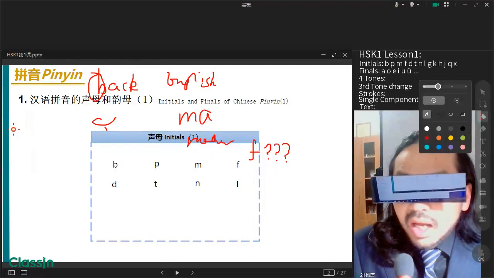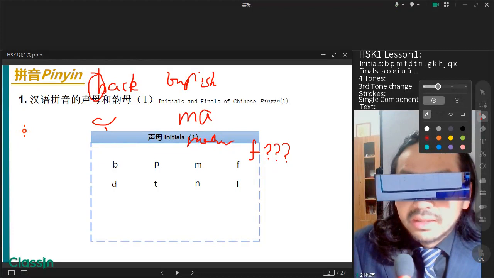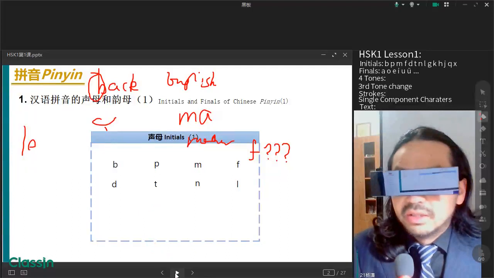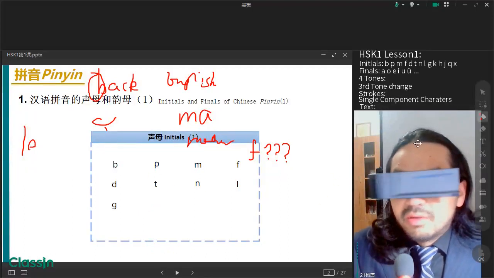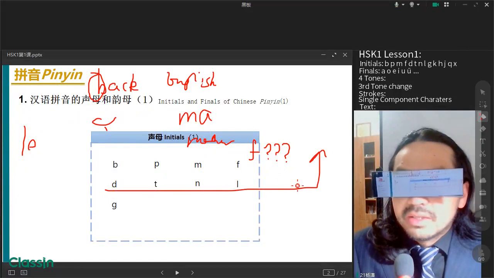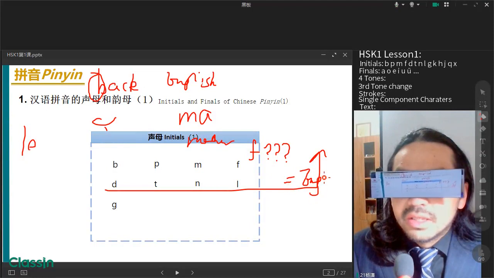Le. Like length. L. It's just like the English L. These are all quite easy, extremely easy, almost the same as how you read it in English.